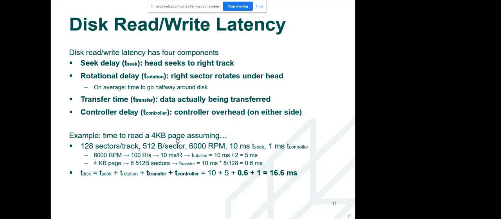So: 128 sectors per track, 512 bytes per sector, 6000 RPM, 10 microsecond T-seek, 1 microsecond T-controller. 6000 RPM you can convert to 100 rotations per second, so one rotation is 10 milliseconds. So the rotational delay is 10 divided by 2.